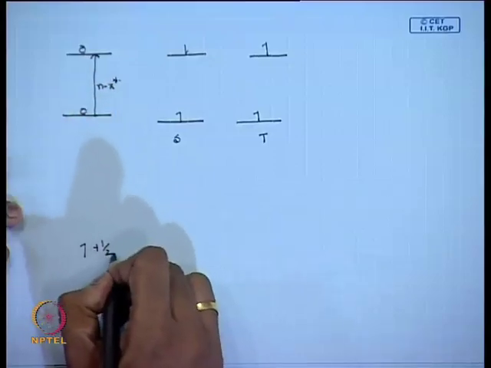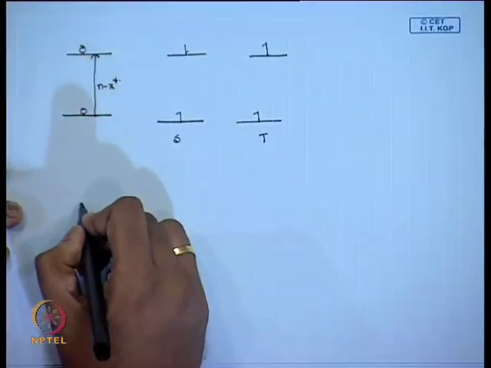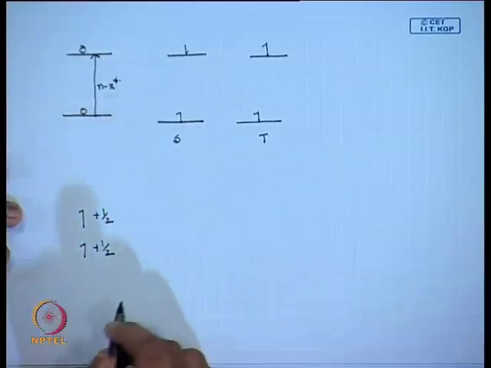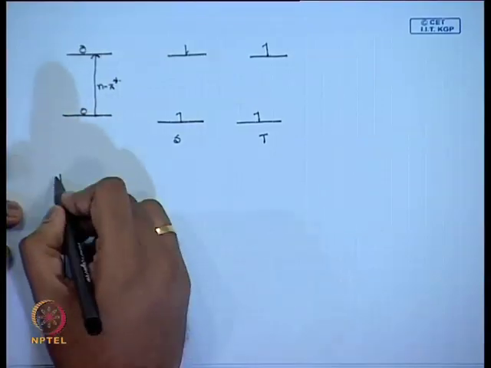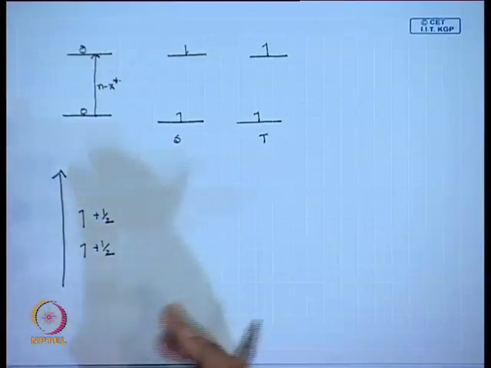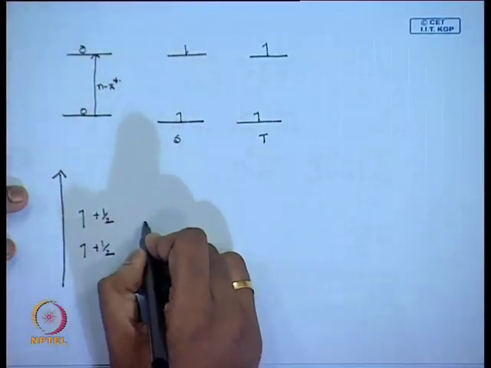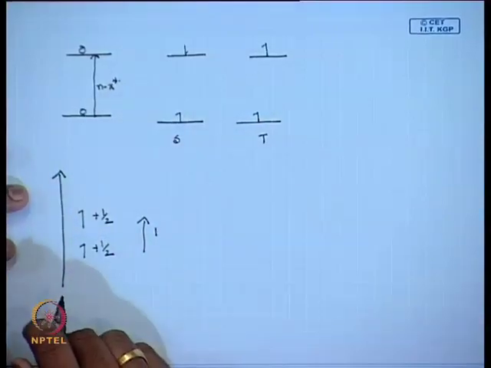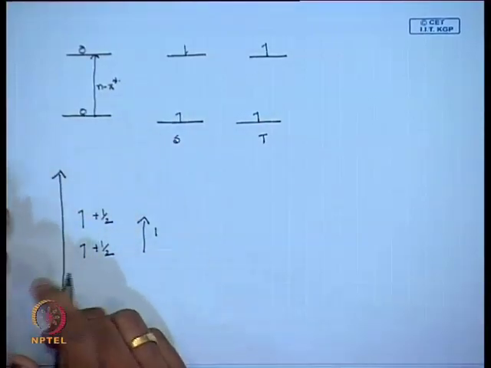For one spin we can write plus half, and for the other state I am writing plus half. So, in the presence of a magnetic field, what happens? These 2 spins can combine to give you a new spin which can be 1, right. A new spin will be formed.